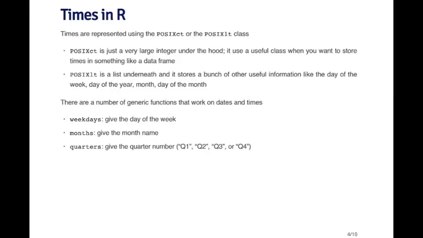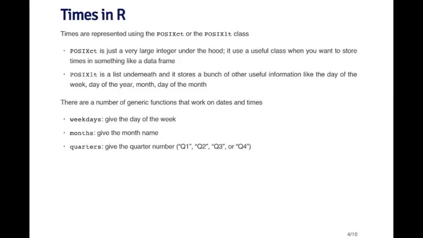POSIXlt stores a time as a list underneath, and so it stores a bunch of other useful information about a given time. For example, what's the day of the week of that time, what's the day of the year, the day of the month, or the month itself. And there are a number of generic functions that operate on both dates and times that you can use, such as the weekdays function, which tells you what day of the week a given time or day is.